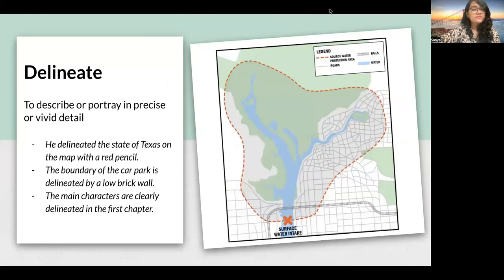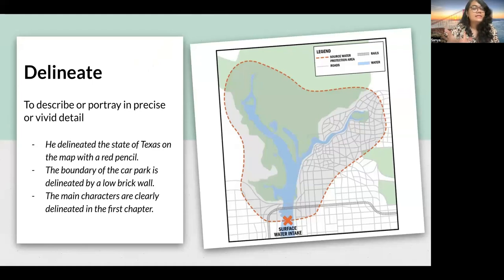Delineate. Delineate means to describe or portray in precise or vivid detail. If I'm trying to mark a certain area and I'm trying to precisely tell what amount of the map or what size of an area is under a specific, let's say, school, specific company, then I'm delineating the area for them, right?